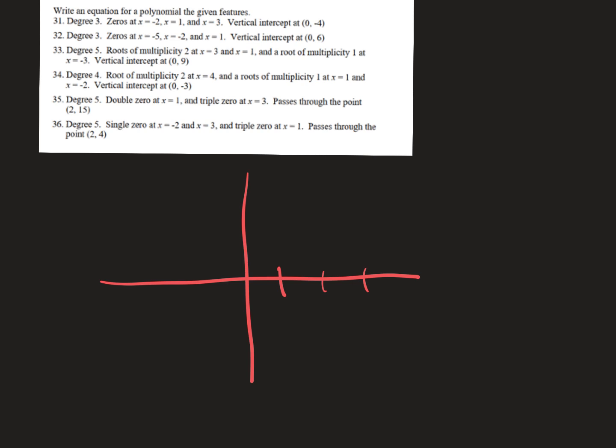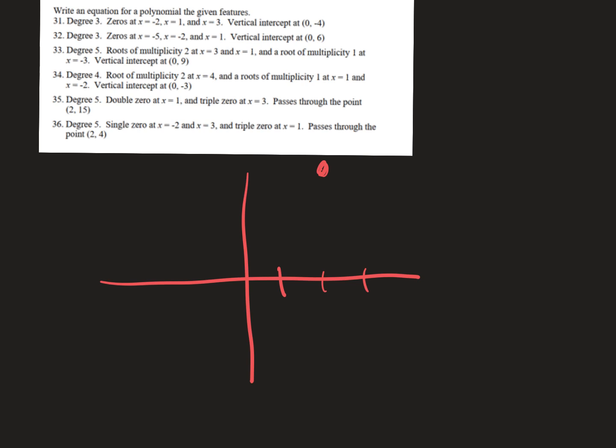And it passes through the point 2, 15. So where's that? 2, 15 is way up here somewhere, right? So it's a double at 1, triple at 3.